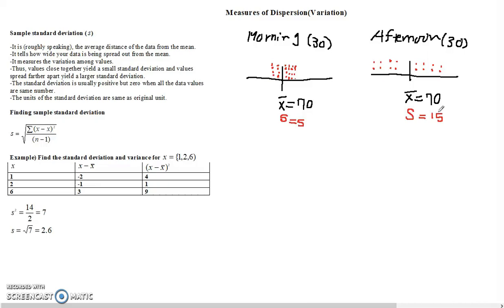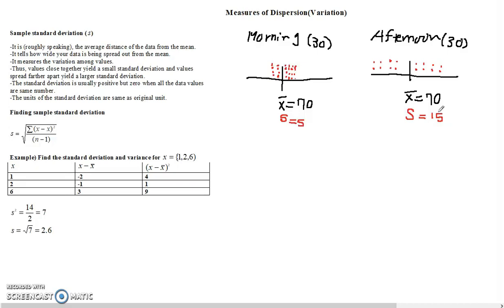When you look at the graph of the first one, the morning class, most of the student scores are compacted around the mean, right? So the variations among the scores for those 30 students are very, very small.